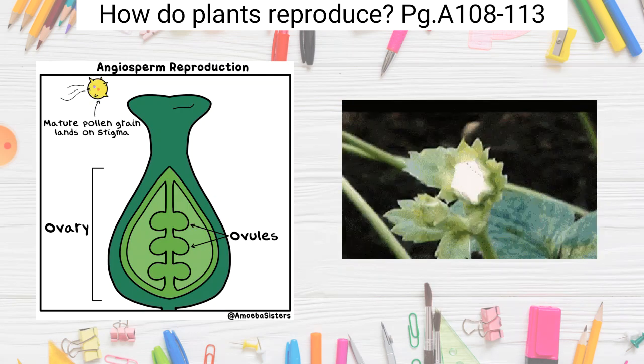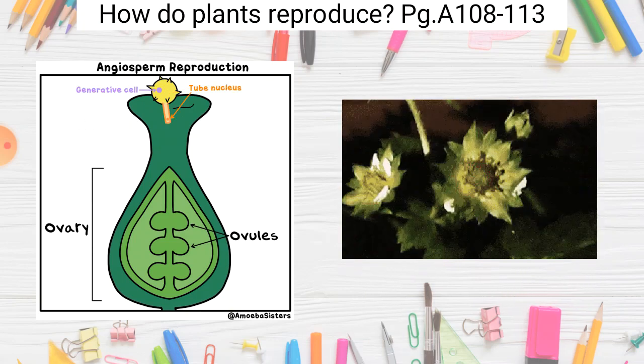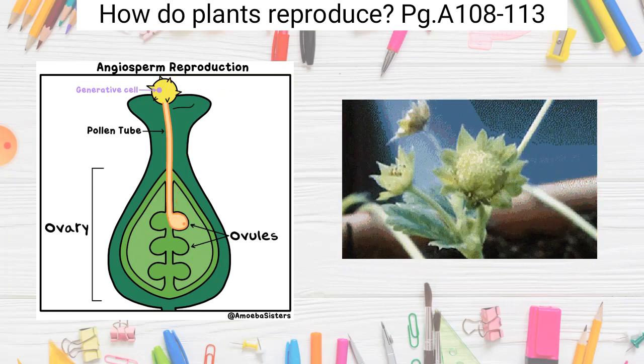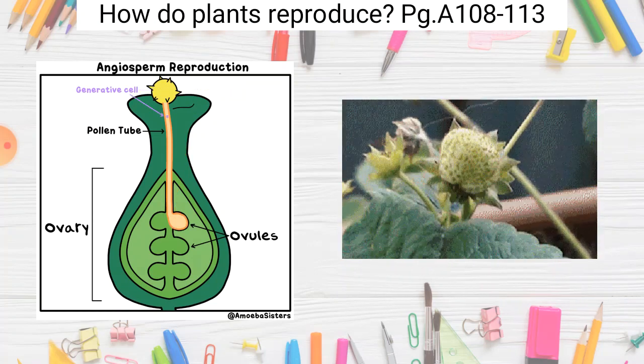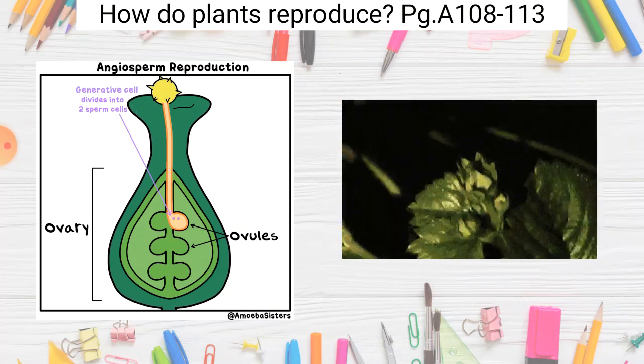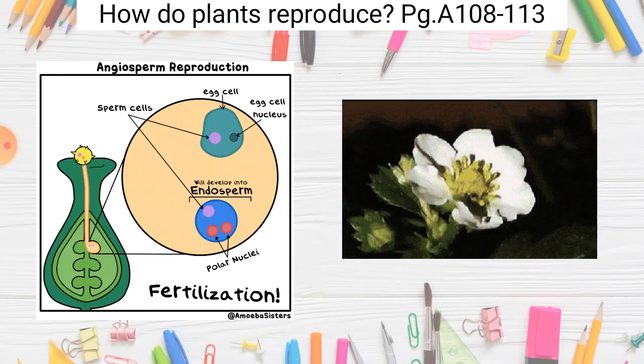You can see here how a pollen cell gets inside the stigma, enters the ovule to pollinate an ovary, and this begins the process of life.